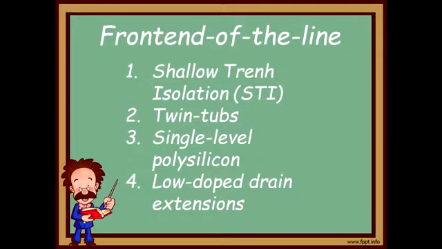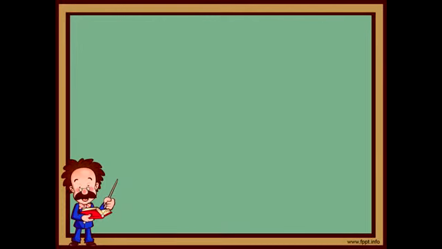So remember the processes that are included in the slides a while ago for the front end of the line processes. In the last discussion, there are 5 processes, and here they are integrated into just 4 processes. This is just again a generic CMOS process flow. So basically, it is general.